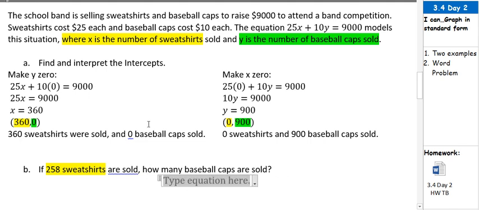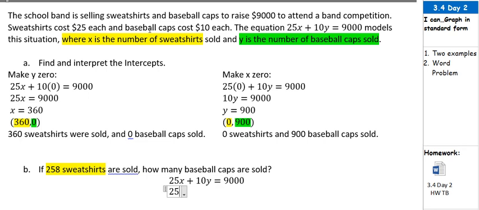So we're going to take our equation that it gives us in the very beginning, and we have 25x plus 10y equals 9,000. And then it tells us 258 sweatshirts.